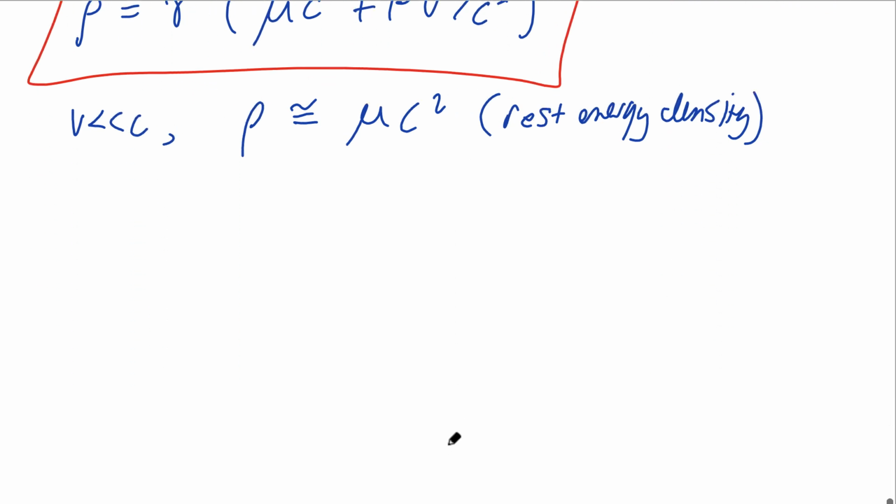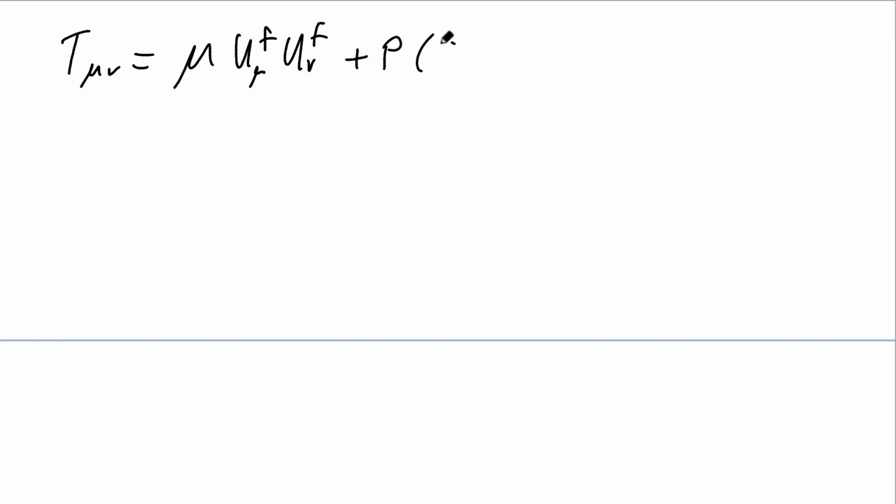Let me expand on this observation a bit. The stress energy momentum tensor is mu times u_μ of the fluid, u_ν of the fluid, plus pressure times g_μν plus u_μ fluid, u_ν fluid.